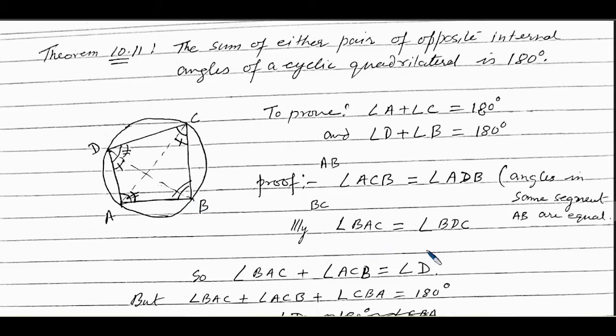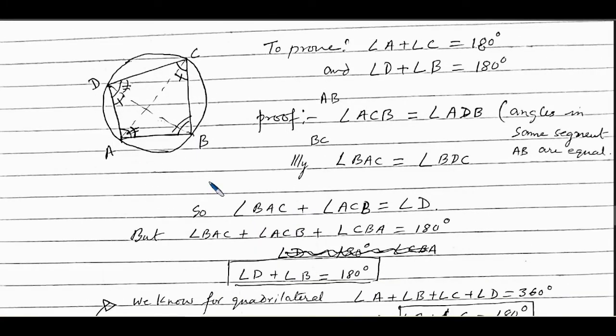Now I add these two: angle BAC plus ACB is equal to ADB plus BDC. So this is the total angle D.